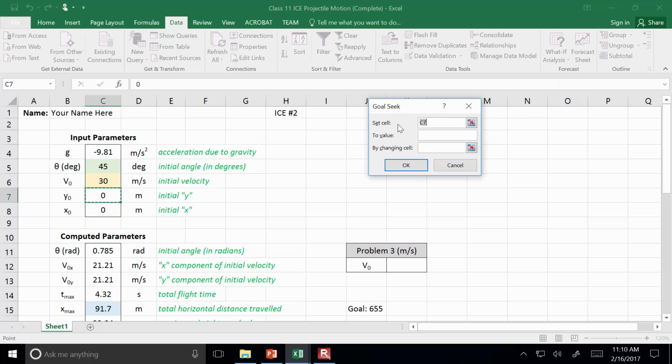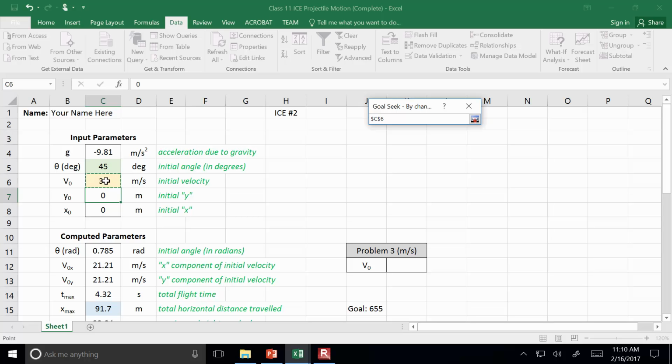We want to set cell C15, which is where we have the X max we're going for. Once we define that, you can click this button again and then type in the value 655, by changing, and this is the cell that we're telling it has permission to modify over and over again.